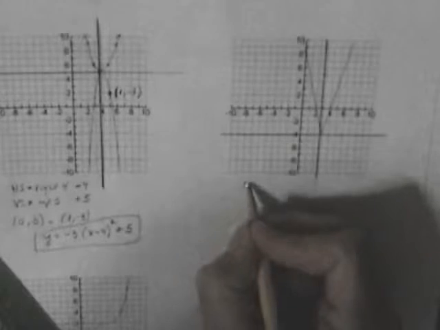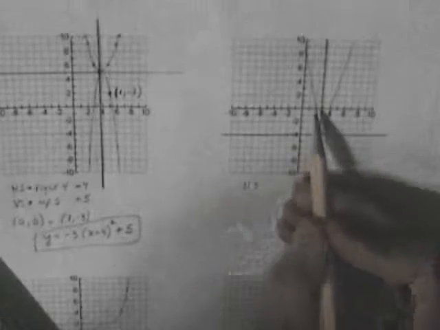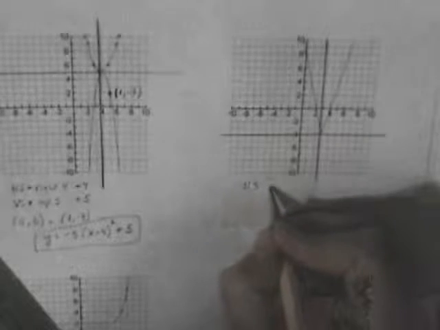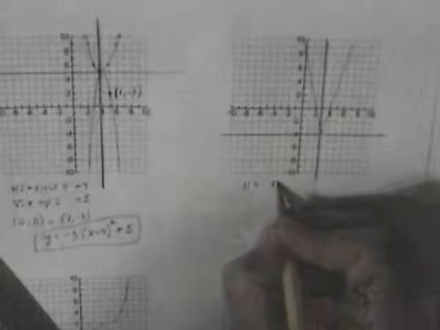So my horizontal shift, it has been moved to the right by 3. I'll just put an R3 for right 3, and that means we're going to do a -3 inside the parentheses. The vertical shift, it has gone down 4. So we're going to have a -4 at the end of our function.